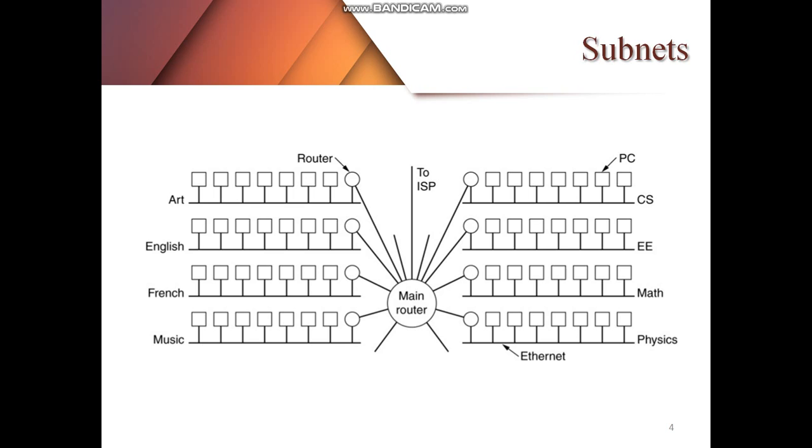Now this network is extended to other departments with the help of a repeater. After a period of time, more departments demand this network, but with the help of a repeater, the network can be extended only to a maximum of 4 departments. So there arises a problem.